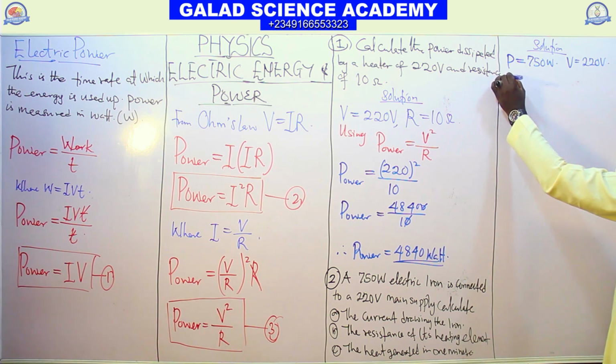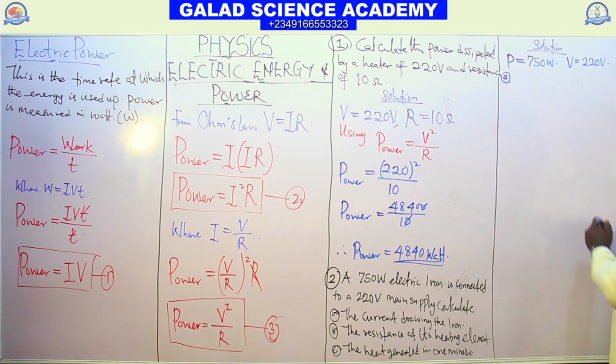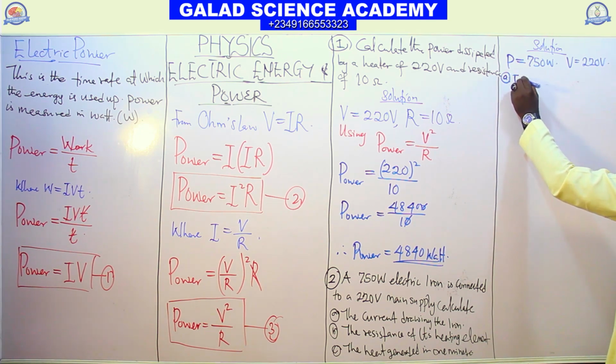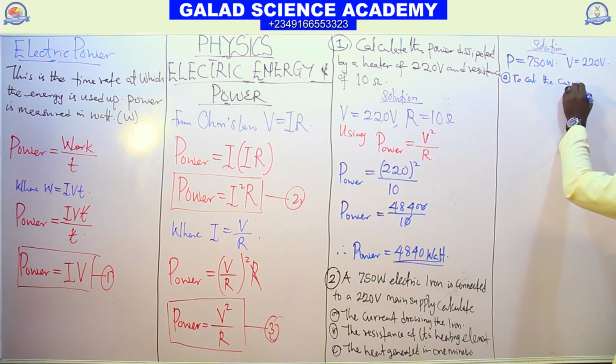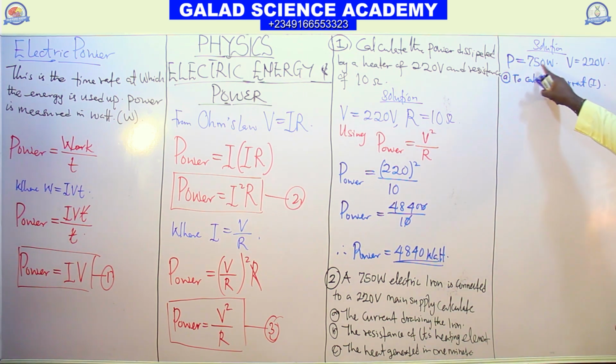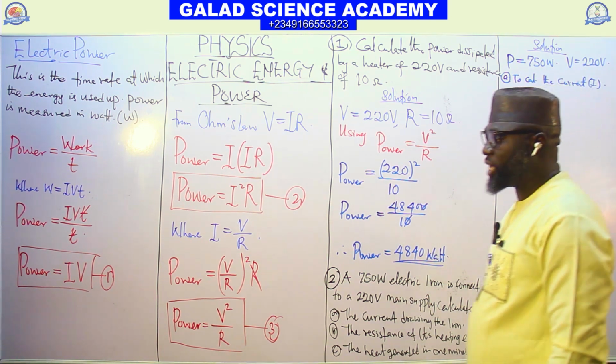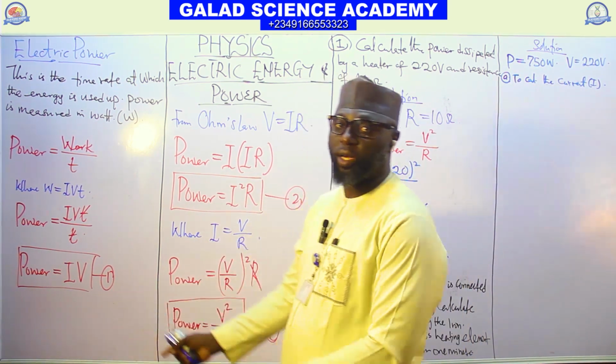For part A, the current drawn by the iron, we need to calculate the current I. Which formula relates power, potential difference, and current together? Equation 1.